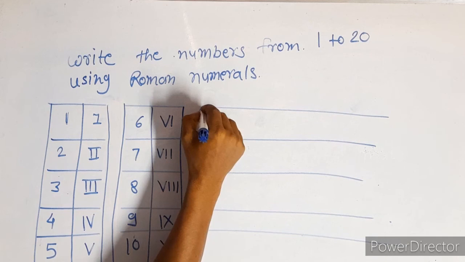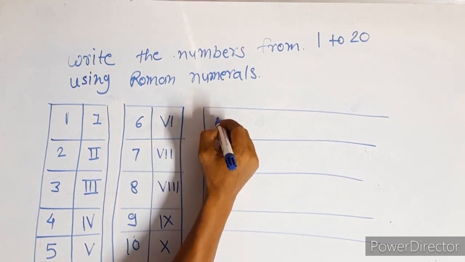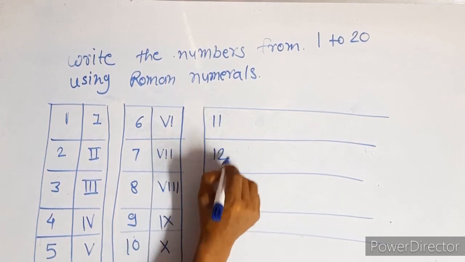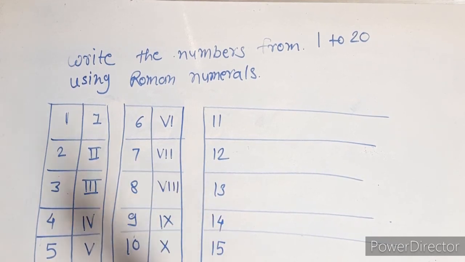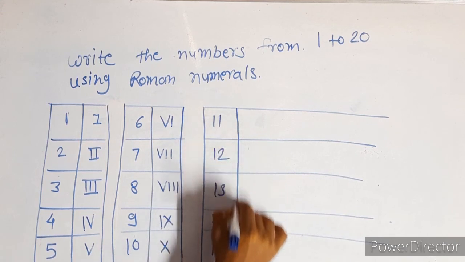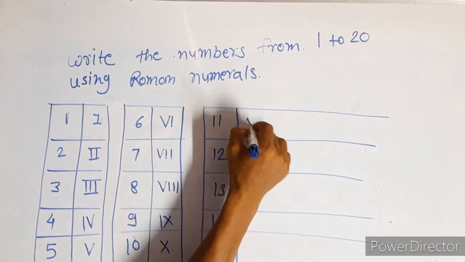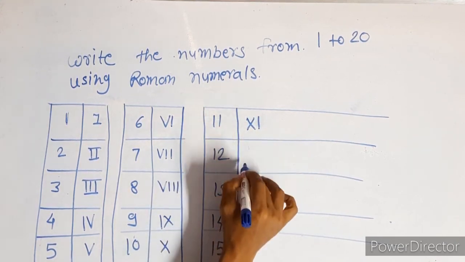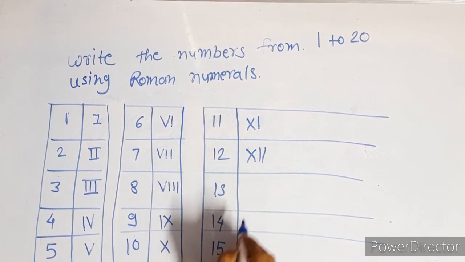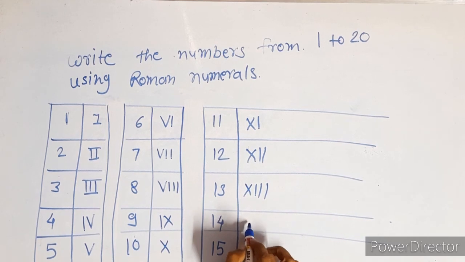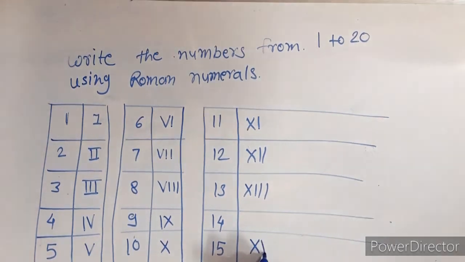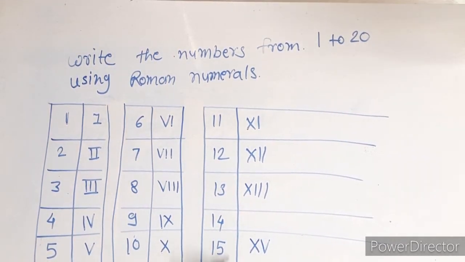Okay. Next one. 11, 12, 13, 14 and 15. Now use X. X plus 1, X plus 2, X plus 3. 3 times used. Now there we use X and V. Okay, 15.